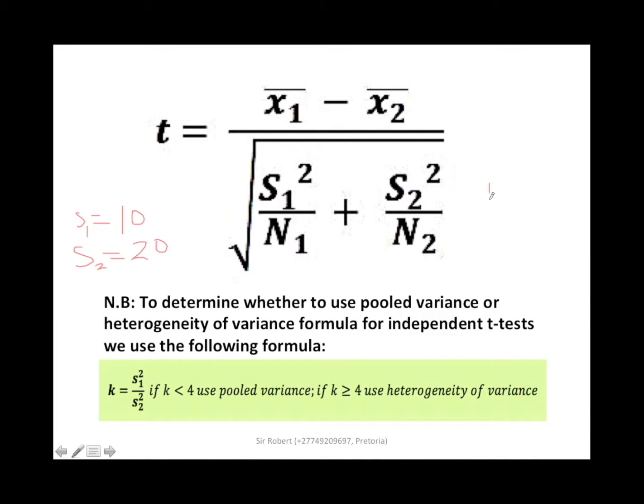If you say 10 over 20, what you get is 1 over 2. But in fact, for this formula to work, you should use the bigger one on top. So you're supposed to just interchange them and say 20 over 10. Then you get your 2. So if k is less than 4, you use pooled variance. If it's greater than or equal to 4, you use heterogeneity of variance, which is this one.